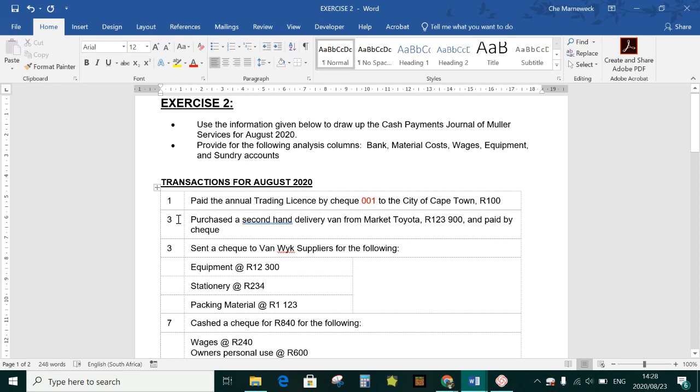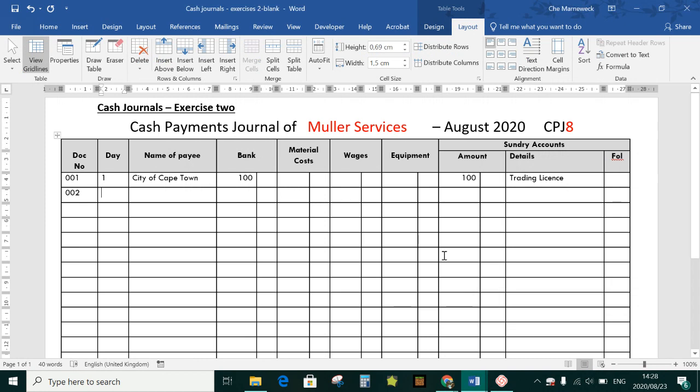This is day 3. We are purchasing a second-hand delivery van, and we're buying it from Market Toyota. So we can enter day 3. We are purchasing this from Market Toyota. How much money are we spending on the delivery van? 123,900.